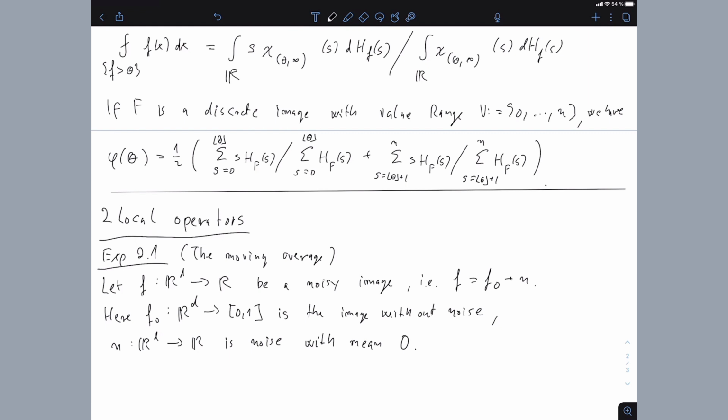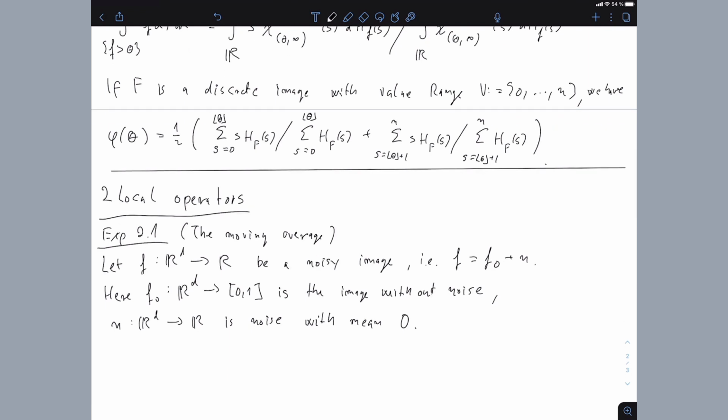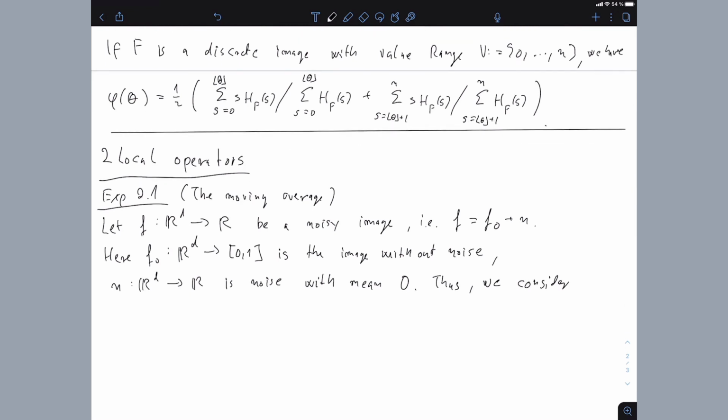Now we consider the following: MR F of X. Before I write this down, perhaps you can guess what this could be. It's called the moving average.